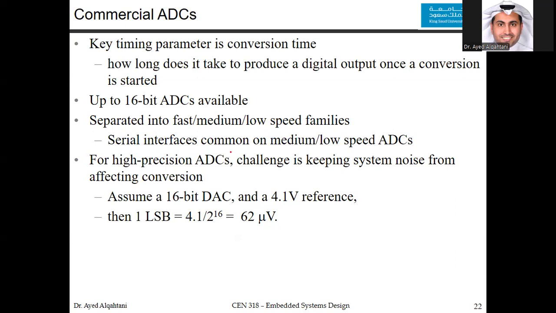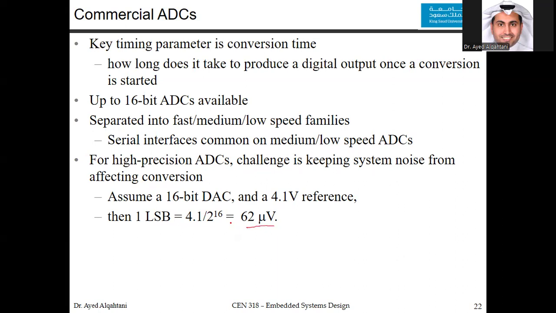The serial interfaces are common on medium and low speed ADCs. And for high precision ADCs, the challenge is to keep the system noise from affecting the conversion. Now, assume a 16-bit ADC and a 4.1 voltage reference, then the voltage corresponding to one least significant bit is 4.1 divided by 2 to the power of 16, which is 62 microvolts.